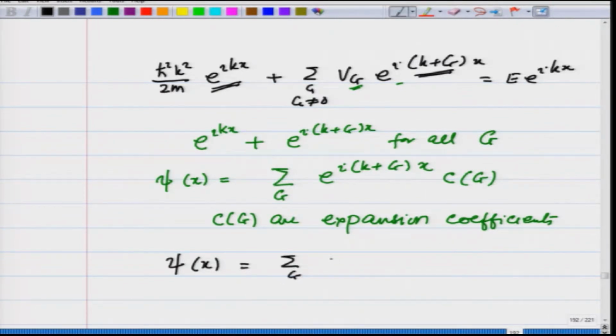Now, g equals 0 is included, c_g e^{i(k+g)x}.